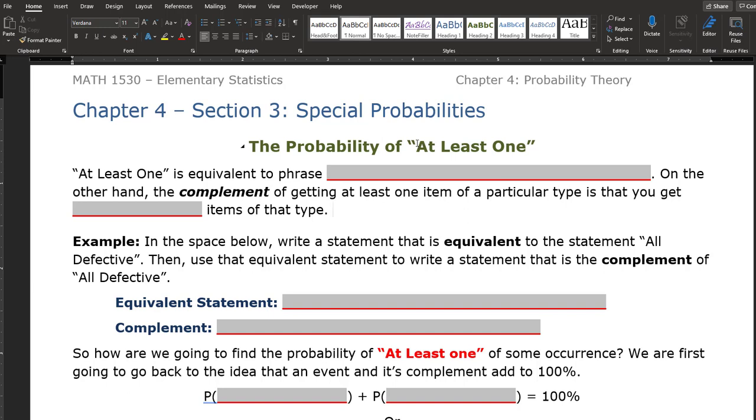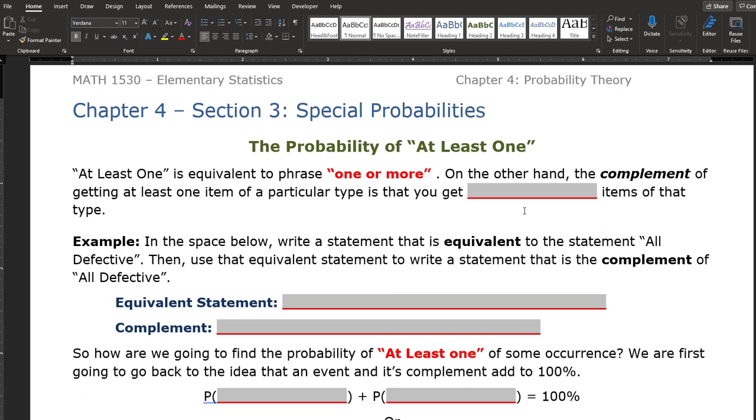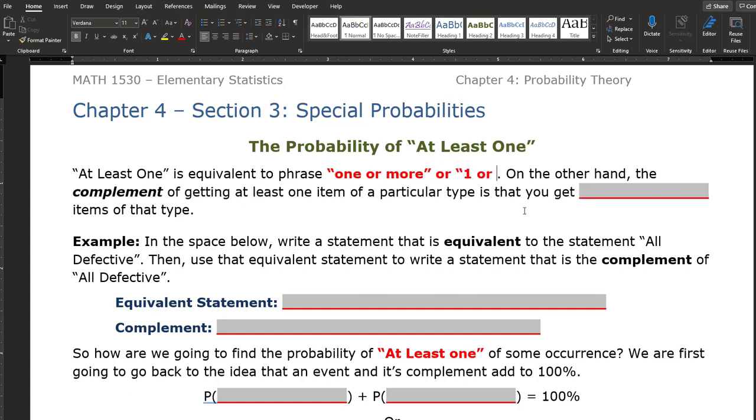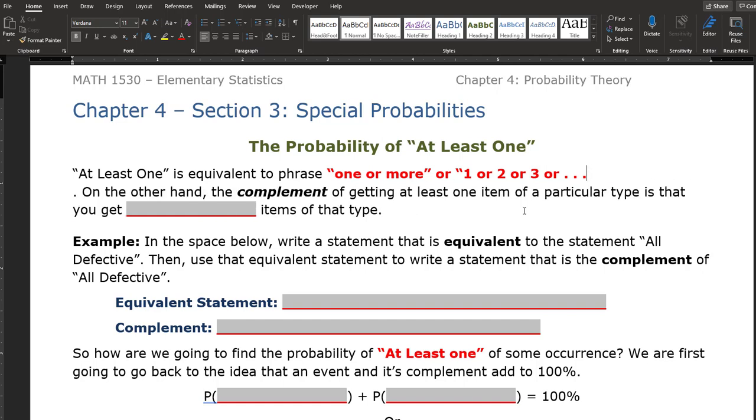Right here. And when you're thinking about at least one of something, usually that's equivalent to the phrase like one or more of whatever, and if you're talking about in numbers, if you want to put it into context of values, you can say, this is like one or two of something or three of something or 4, 5, 6, so on and so forth of something, okay?